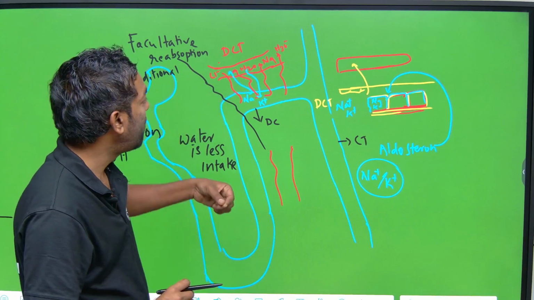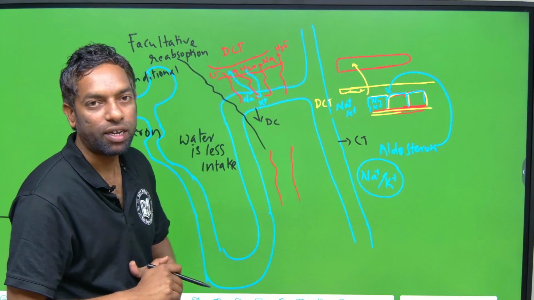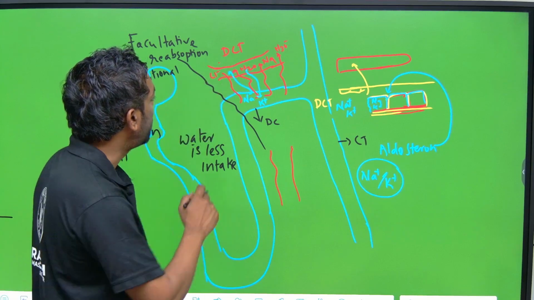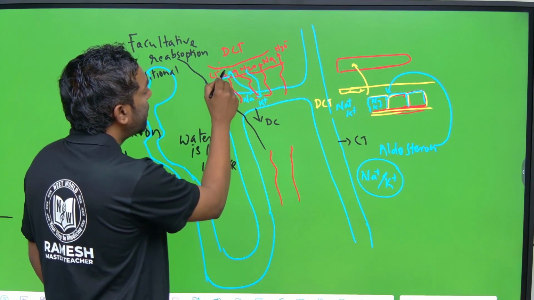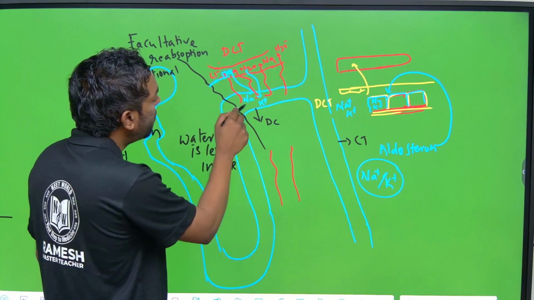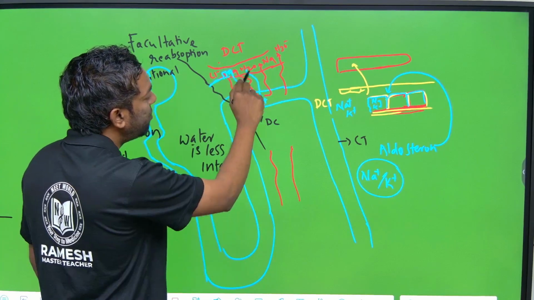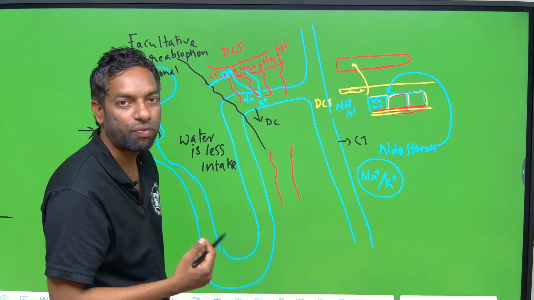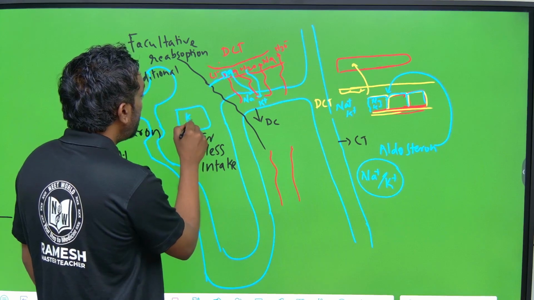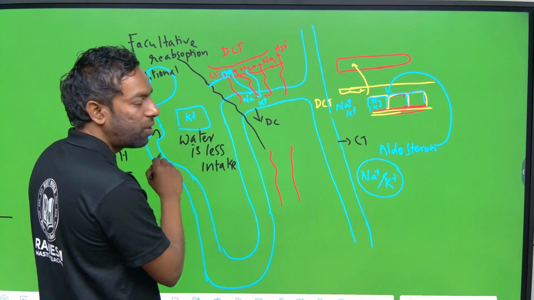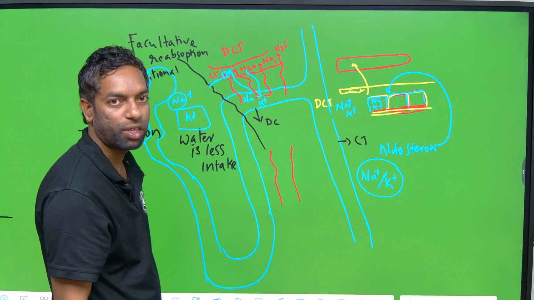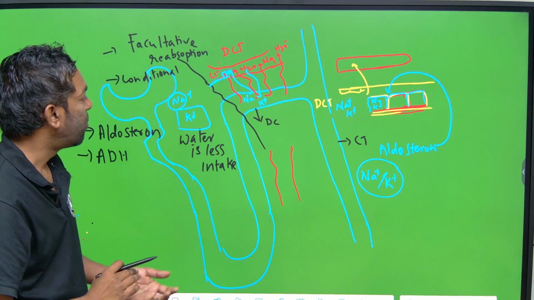Sodium is always trying to enter the tissue, meaning the blood vessel. Potassium is always trying to exit the cell. This is the cell, which has more potassium inside and sodium outside, like a polarity.